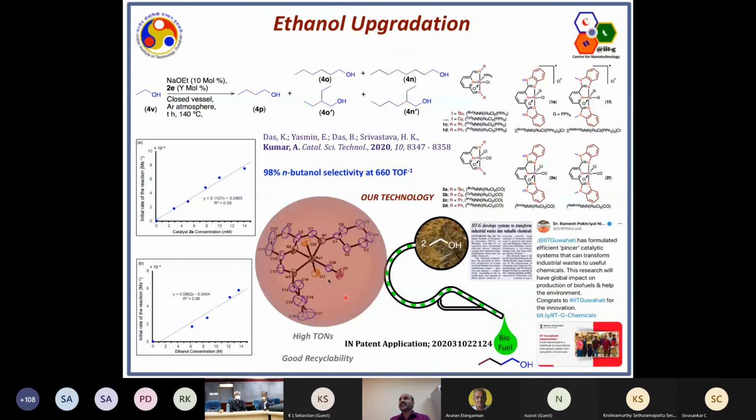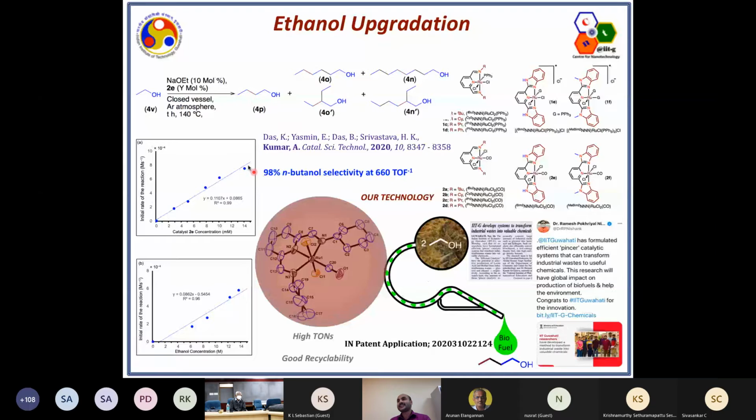On the other front, I will not explain in detail, these catalysts also find very good application in upgrading ethanol to butanol. Tetraethyl lead was a classical additive to fuels, but now people are more focused on ethanol. But the energy density of ethanol is very low. On the other hand, butanol can be an alternate oxygenate, and this can serve as a fuel additive.